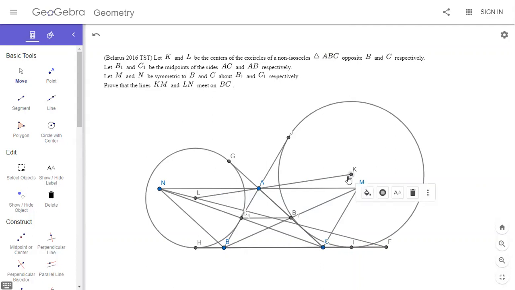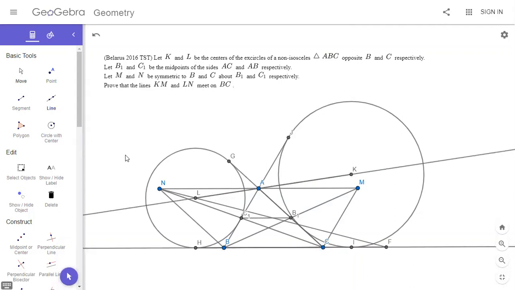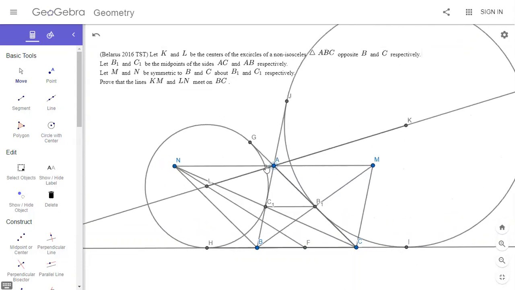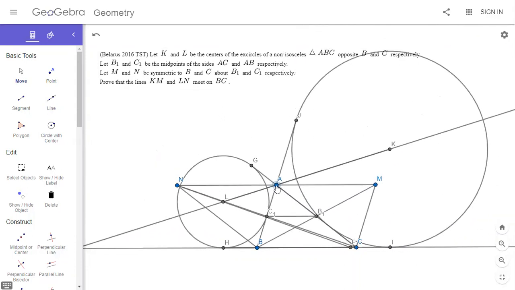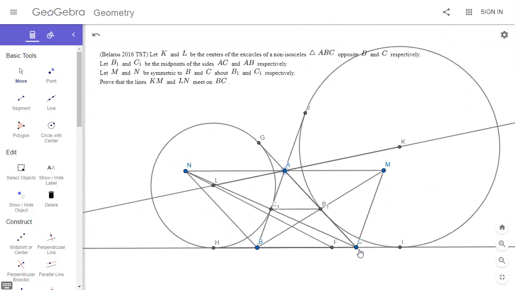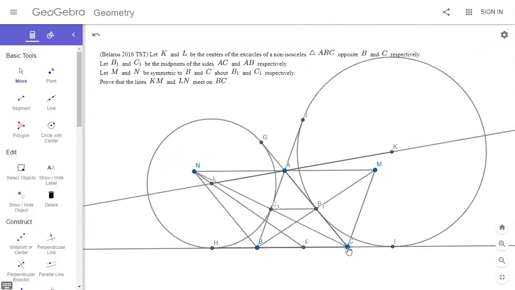Yeah, go on. So basically, we let KL meet this line at a point. I'm using projective geometry here, actually. Okay, I'm just trying to make it look nice.